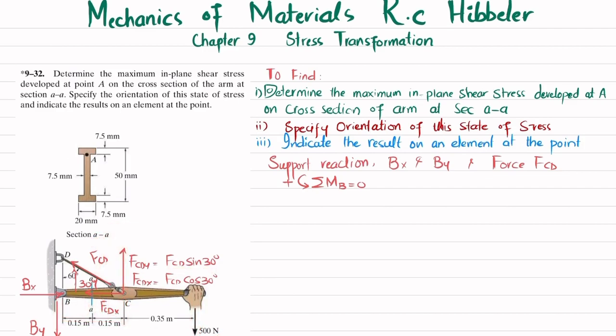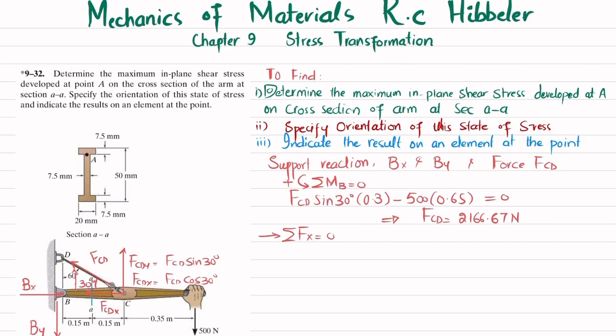So I will write FCD sine of 30 degrees into 0.3 minus 500 into 0.65 is equal to 0. From here you will get FCD equal to 2166.67 Newton.